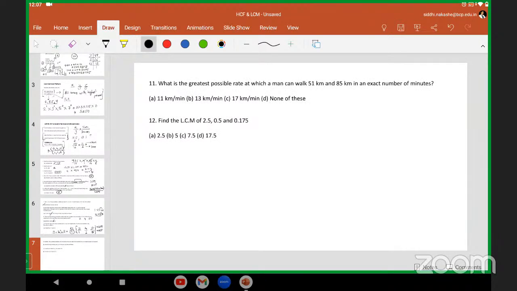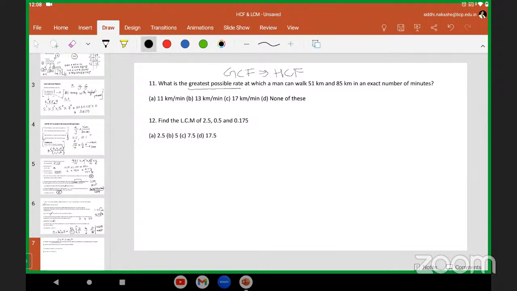अभी यहाँ पर क्वेश्चन नंबर 1 में देखो क्या लिखा हुआ है, ग्रेटेस्ट पॉसिबल रेट। सो ग्रेटेस्ट पॉसिबल रेट इज नथिंग बट अपना GCF विच इज HCF, सॉरी GCD विच इज HCF, हाईएस्ट कॉमन फैक्टर। So question is, a man has to walk 51 kilometer and 85 kilometer.